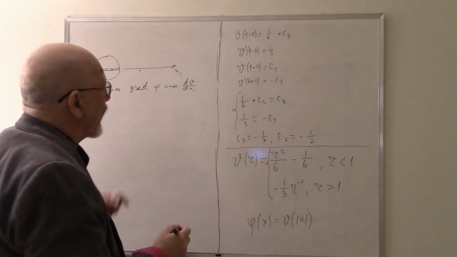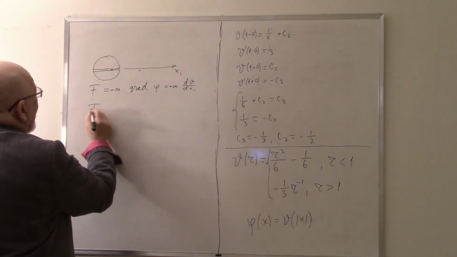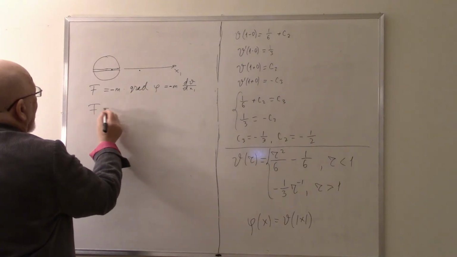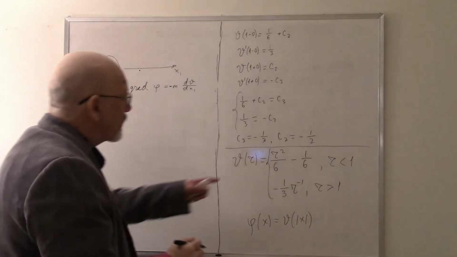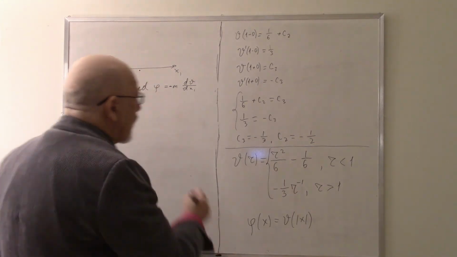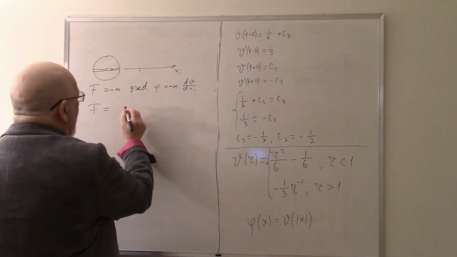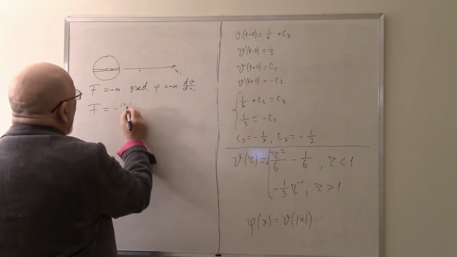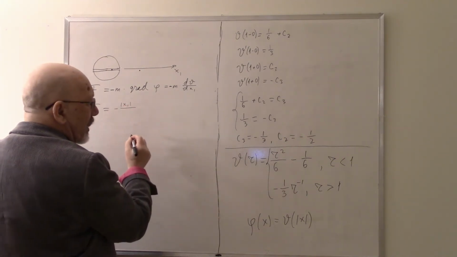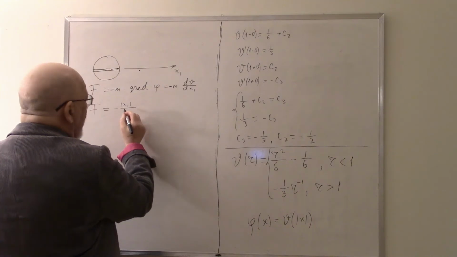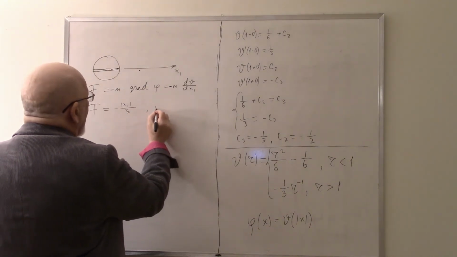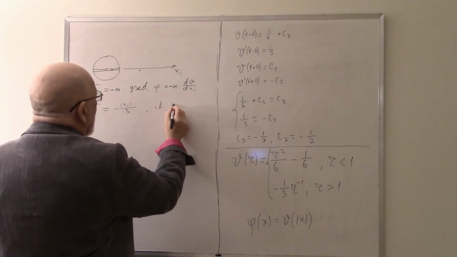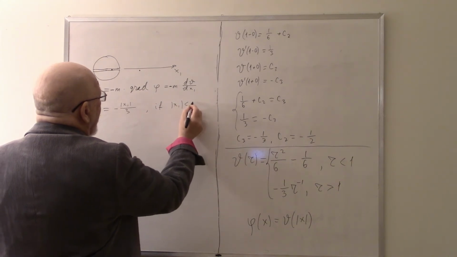And so what we have, F equals minus m x1 divided by 3 if modulus x1 is less than 1.